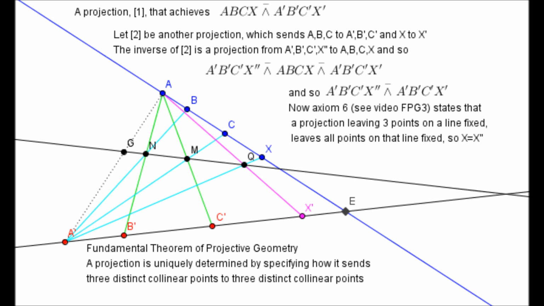And of course, we can dualize this result as well. So in an analogous way, we have that a projectivity is uniquely determined by how it sends three concurrent lines to three concurrent lines.